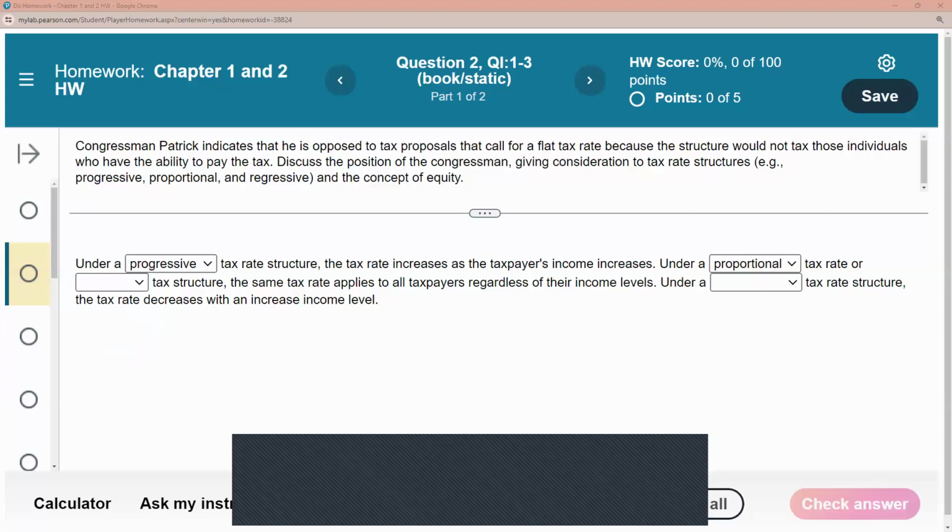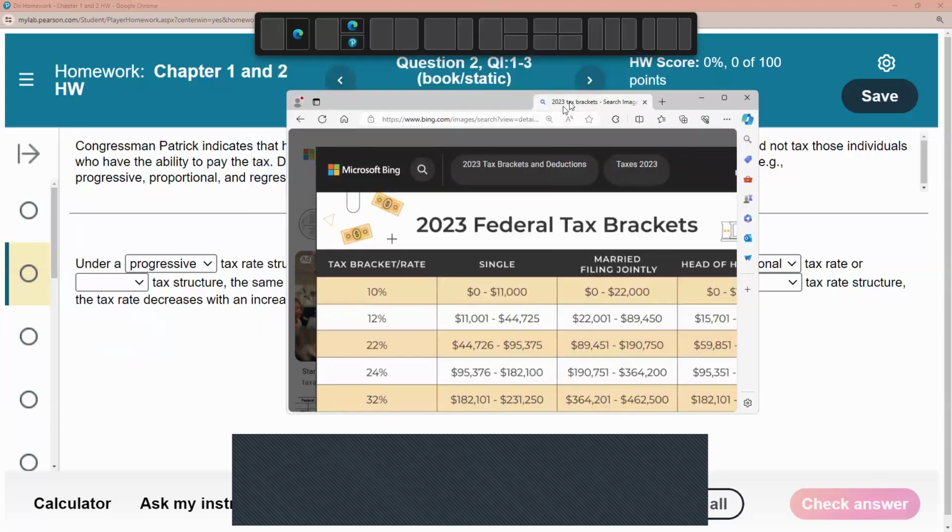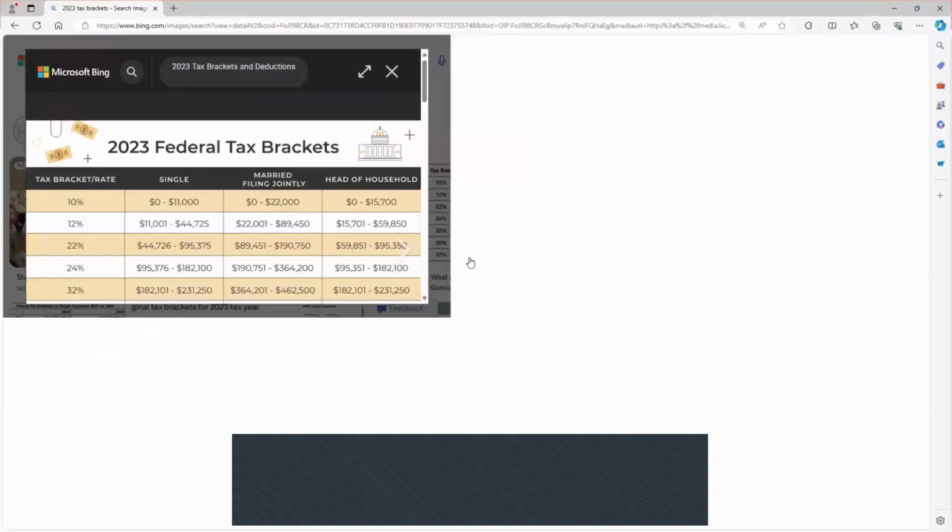Think of it as buckets, right? We essentially have the 7 tax brackets, and depending on how much income you earn, once you fall within a certain bracket, there is a specific amount of income that is going to be taxed in each bucket. Just to give you guys a quick visualization so that you understand, here we have a quick example.